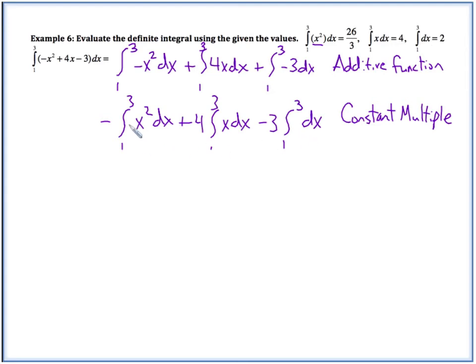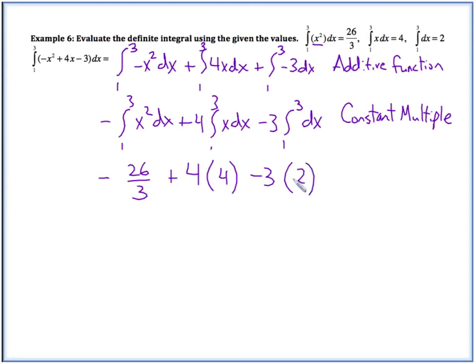So now we know here this is going to be negative, well, the definite integral of x squared is 26 over 3. And then plus 4 times, well, the definite integral from 1 to 3 of x is 4. So 4 times 4. And then minus 3 times the definite integral from 1 to 3 of dx, which is 2.